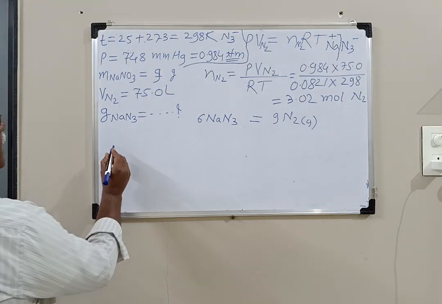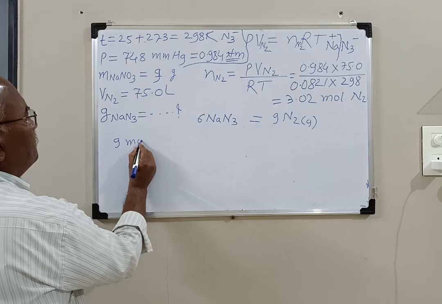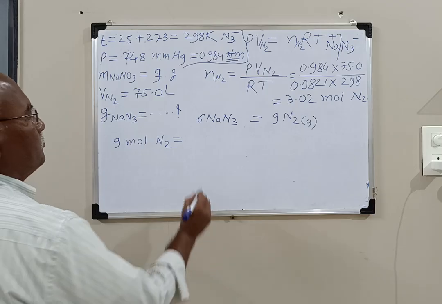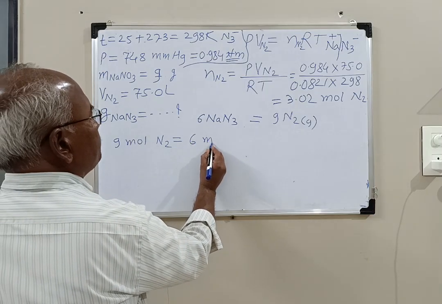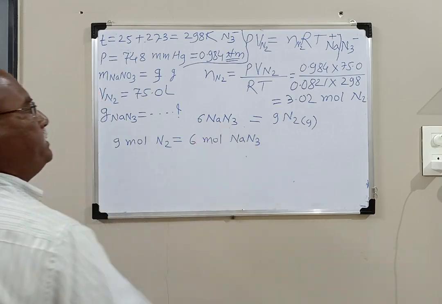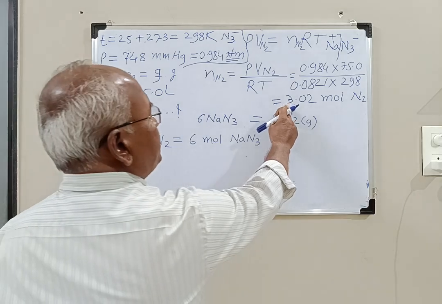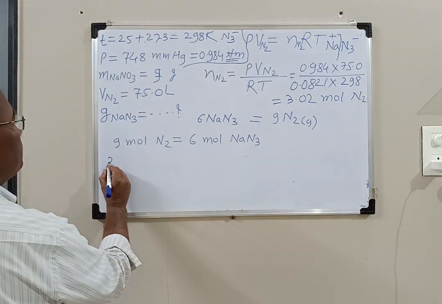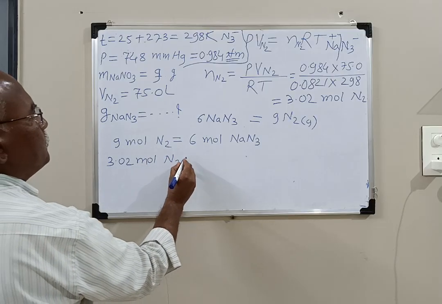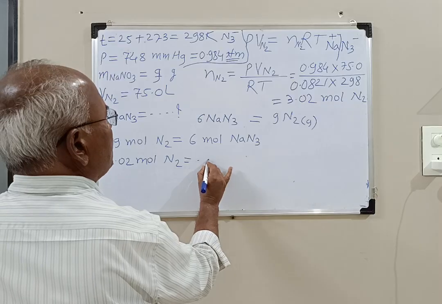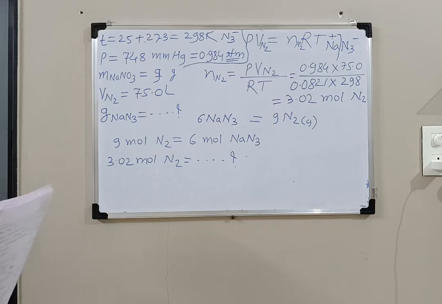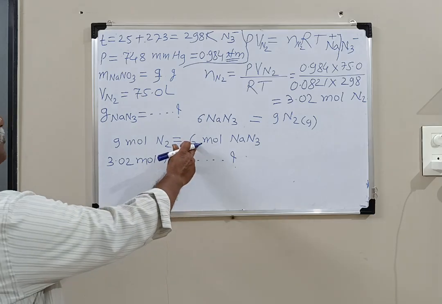So write 9 mole of nitrogen is obtained from 6 mole of NaN3. Therefore, 3.02 mole of nitrogen will be obtained from how many mole of sodium azide? Solve this. Cross multiplication.